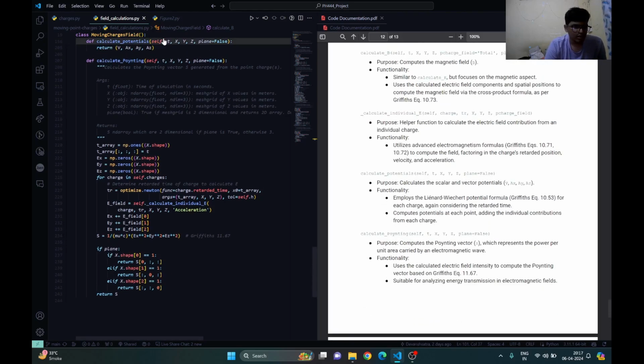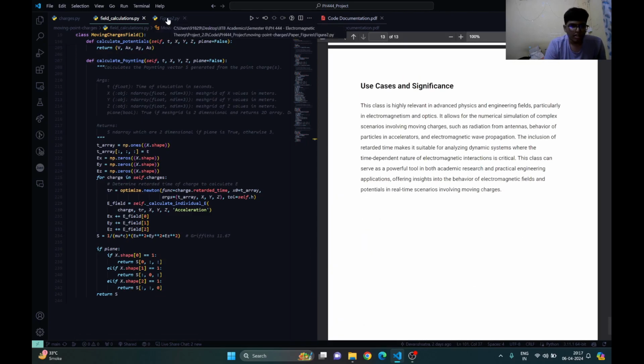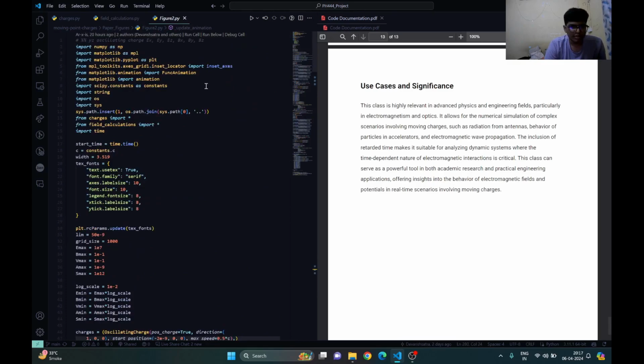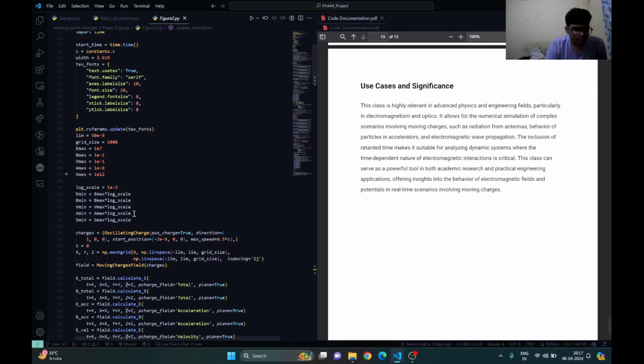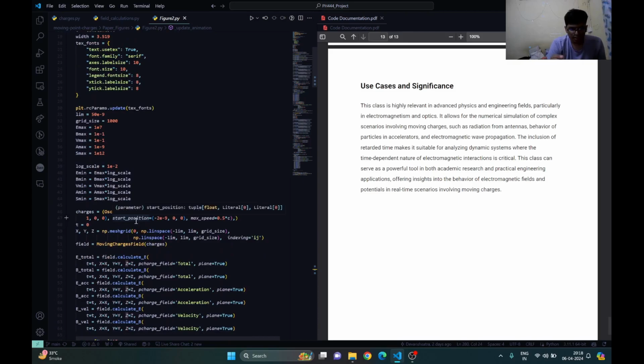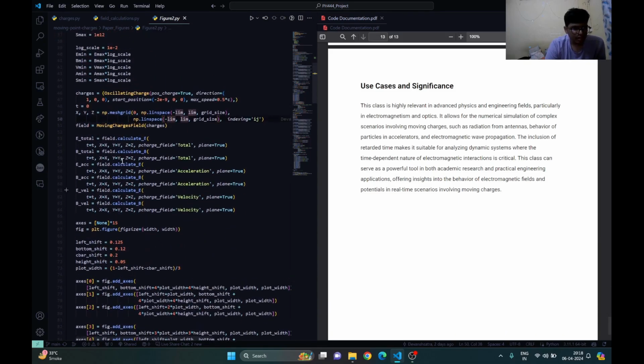Now I'm going to run through an example, figure 2, where it's used to display an actual field for a figure. In this, it's just a charge oscillating in the x direction. You define the charges in a variable known as charges.